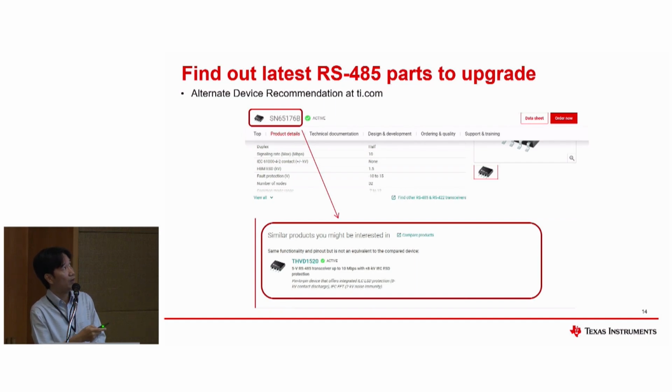So if you are using an existing device and you search for it on ti.com, in the middle of the product folder TI will show you some recommended alternatives, which are mostly newer devices that are more robust and have higher performance. And also, with the newer technology, the cost is better.